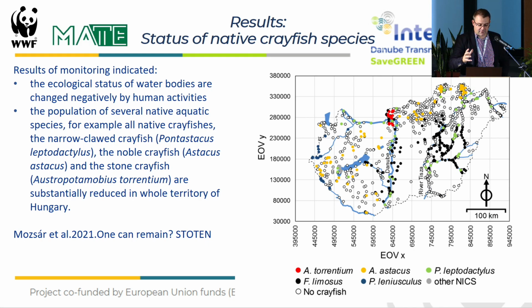After the results we can analyze that, for example, the noble crayfish and narrow-clawed crayfish populations have lost more than 95% of their habitat. So two very important crayfish species, which were earlier very important industrial species, are absolutely destroyed. Up to date, these species are separated in small areas, so the connection between populations is cut.